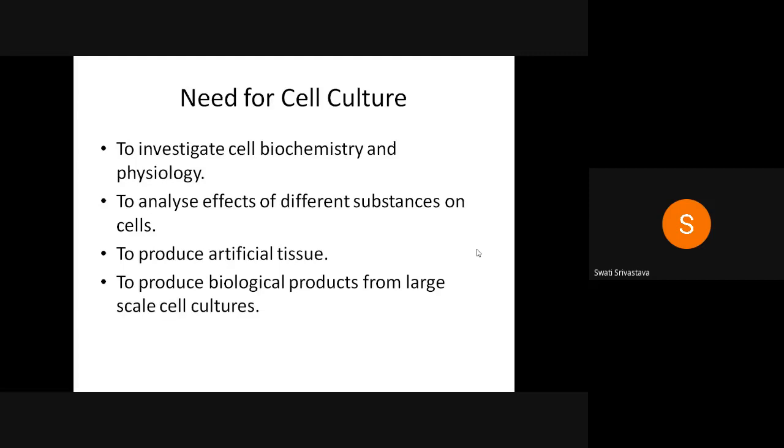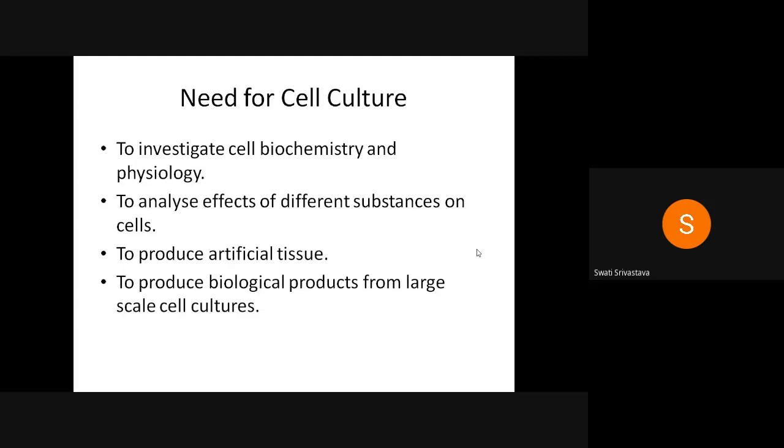If you know the growth rate of these cells, then you can definitely multiply the number of cell cultures on a large scale, on an economical scale, and produce insulin to suffice for the requirement of a large, demanding diabetic population. So this is one example.